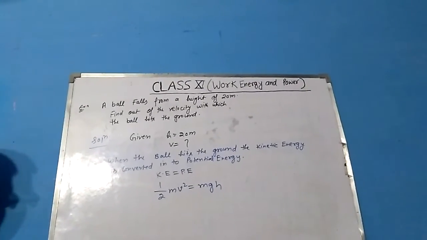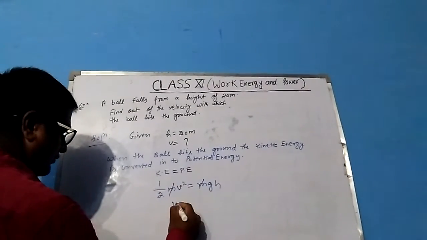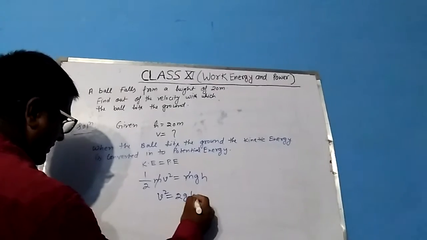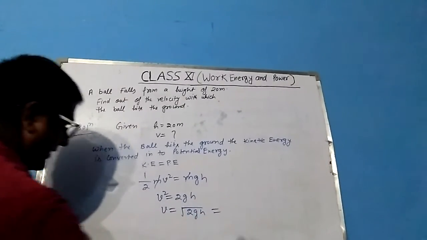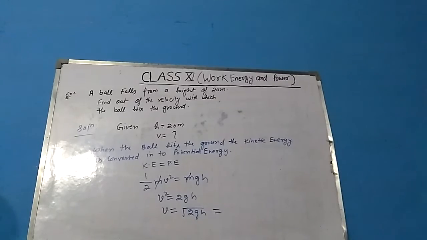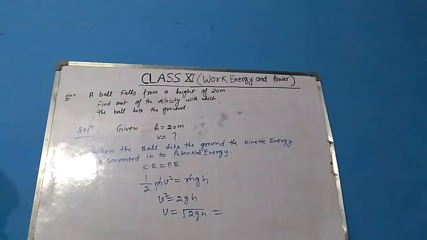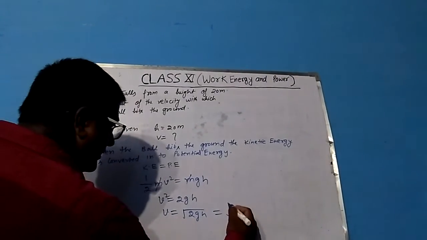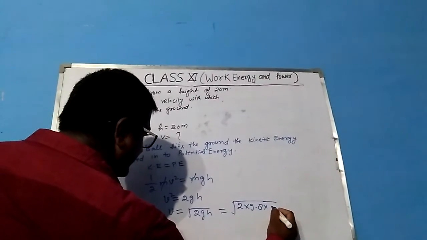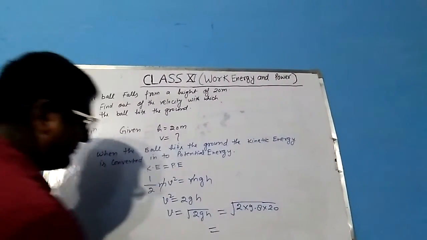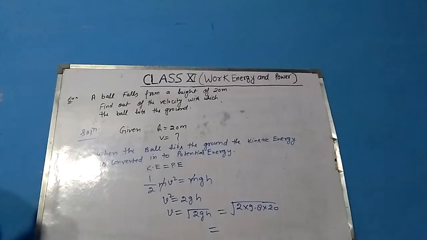m will be cancelled out. So v square equal to 2gh and v equal to under root 2gh. Putting the values: 2 into 9.8 into 20, which is 40 into 9.8.